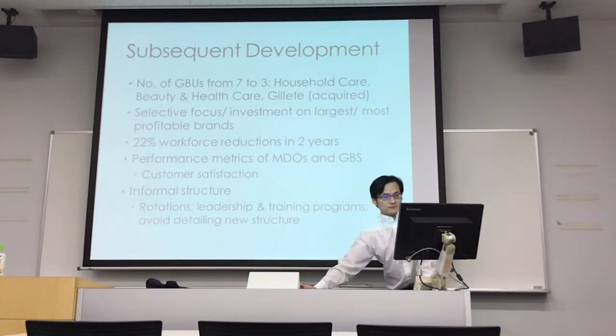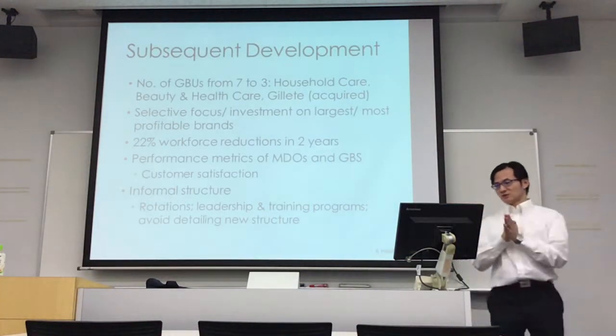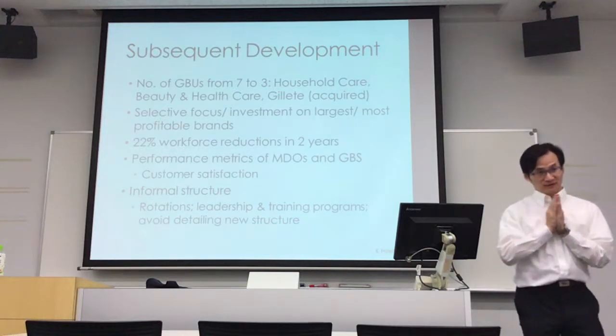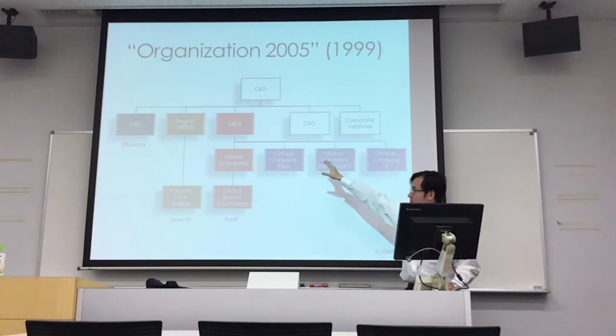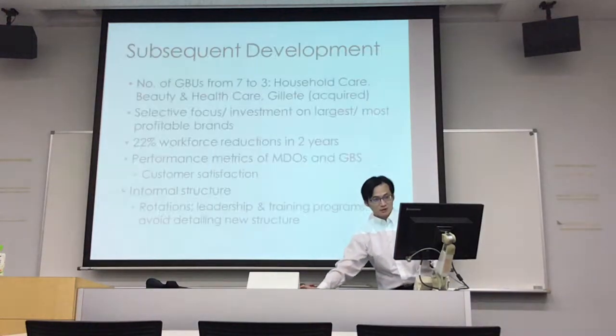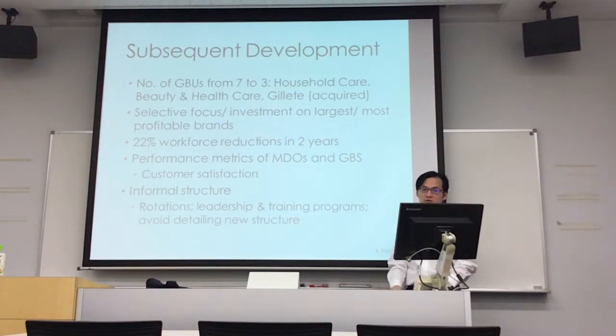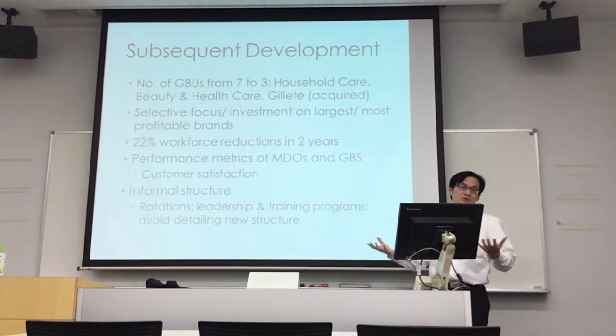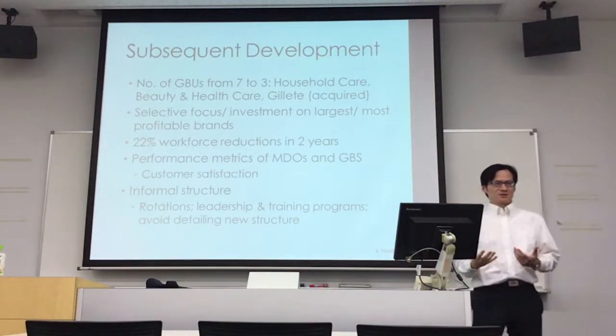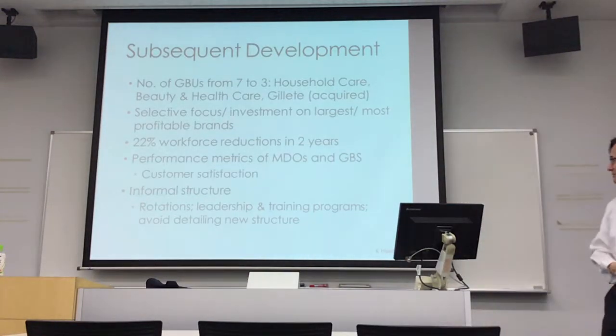Now, so in the sequence of development, they reduced the number of GBUs from 7. When they implemented this structure, they had a total of 7 global business units, reduced to 3, which were household care, beauty, and health care. And this was acquired, so chances are they're going to consolidate further at a later stage.